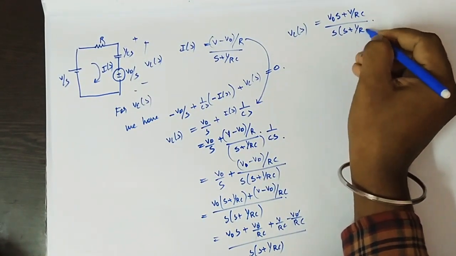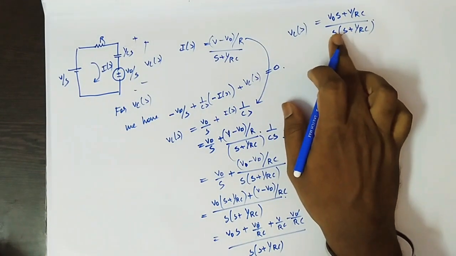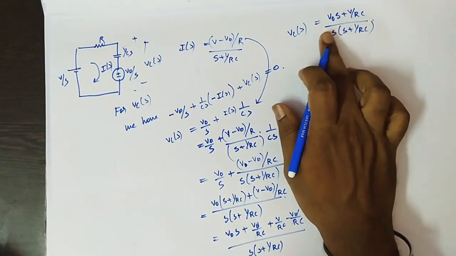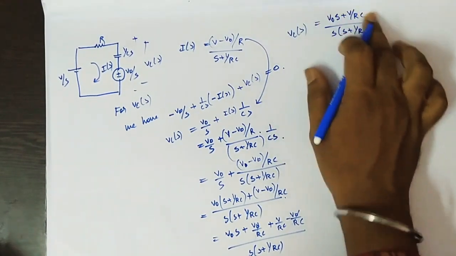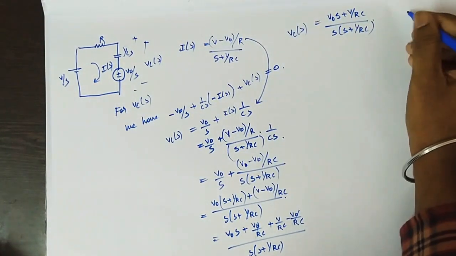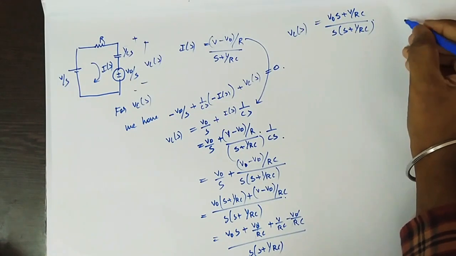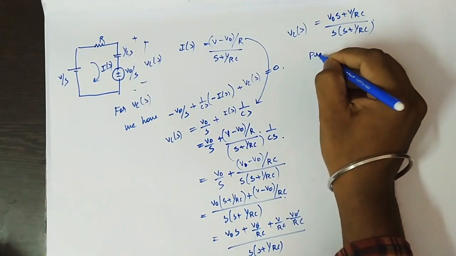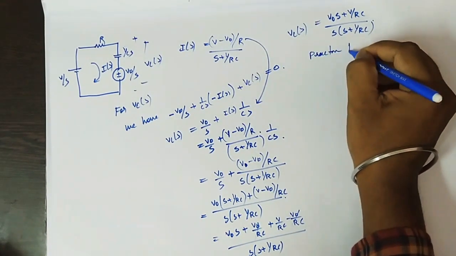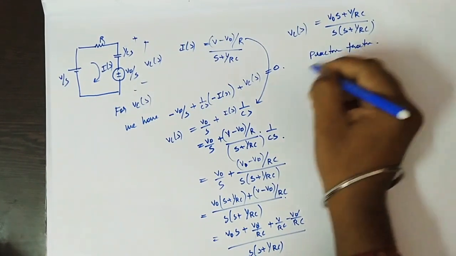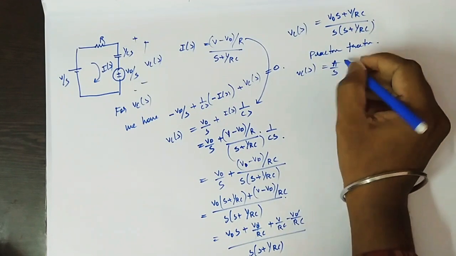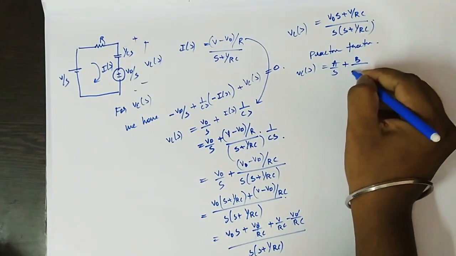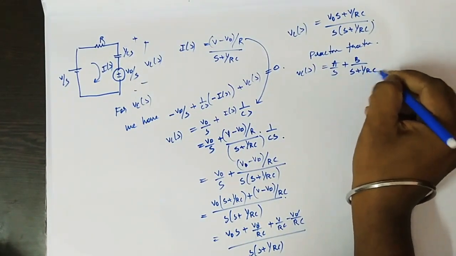So we want to find this in the time domain. If you observe, this is in the S domain, so we need it in partial fraction form. Apply partial fraction. So Vc of S can be represented as A by S plus B by S plus 1 by RC.